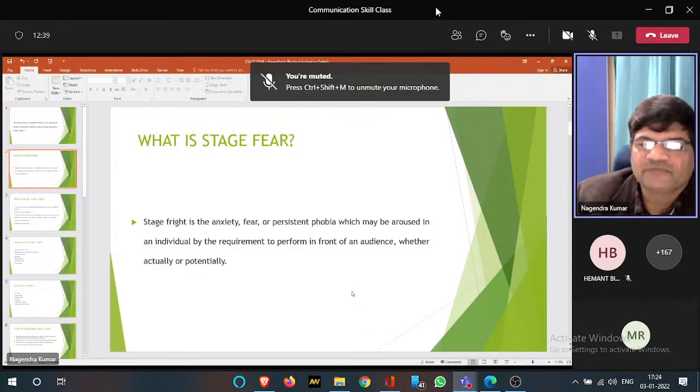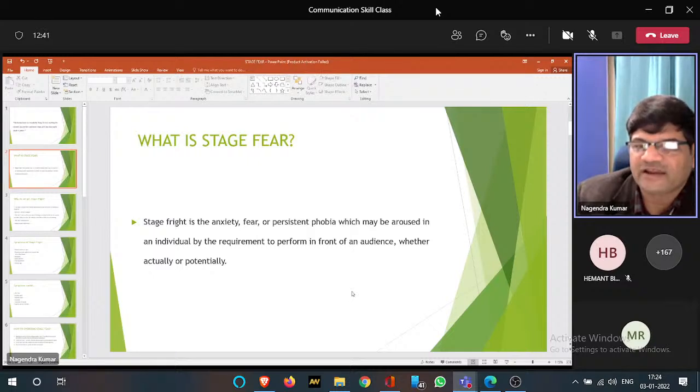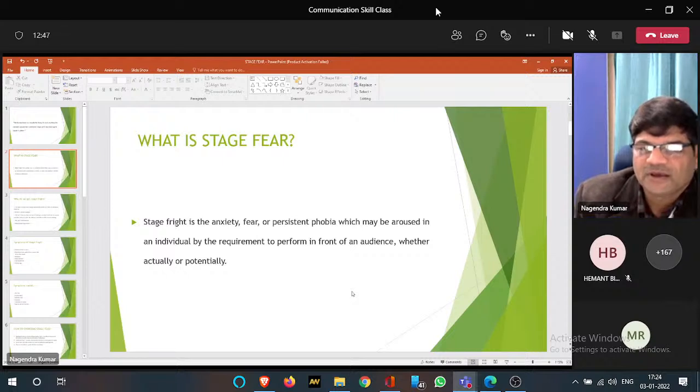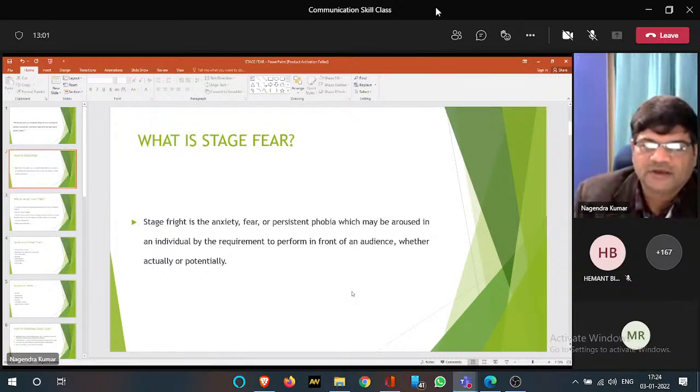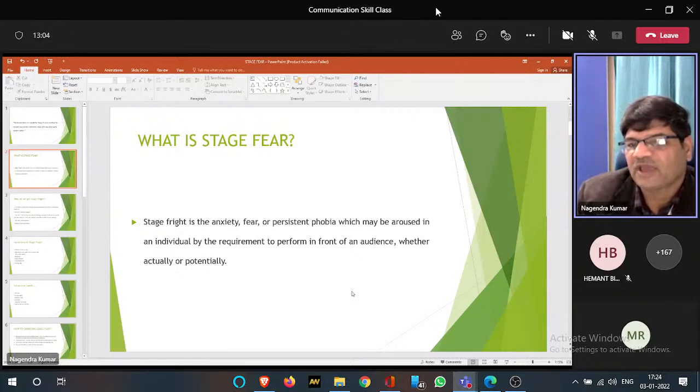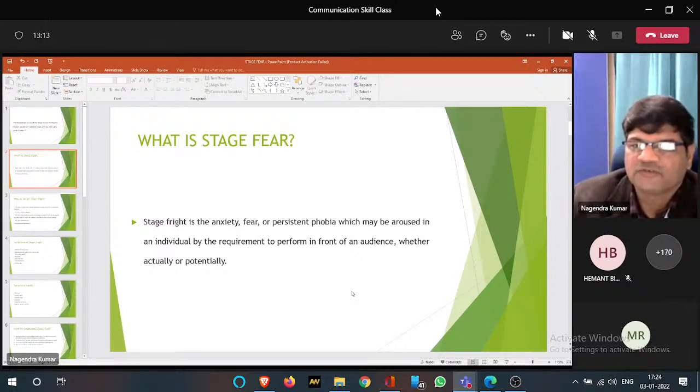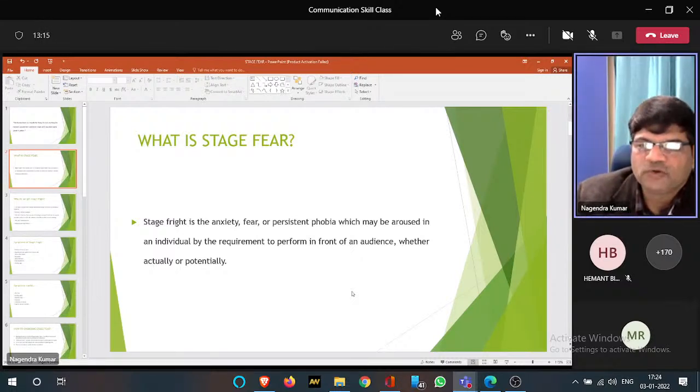So what is stage fear? It generates from our anxiety or fear, or some of us may have persistent phobia because of our background, because of some unpleasant experiences. This is realized by everybody, but not in the same measure. Some of us may be having a background in a family where everybody is very outspoken, extrovert, social. If you belong to such a family, you are better exposed and better prepared.